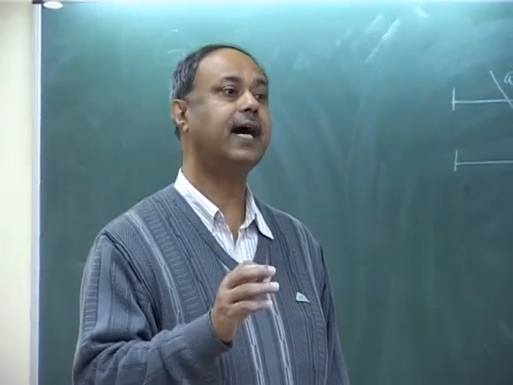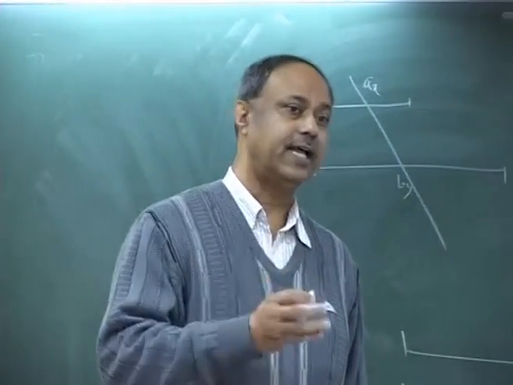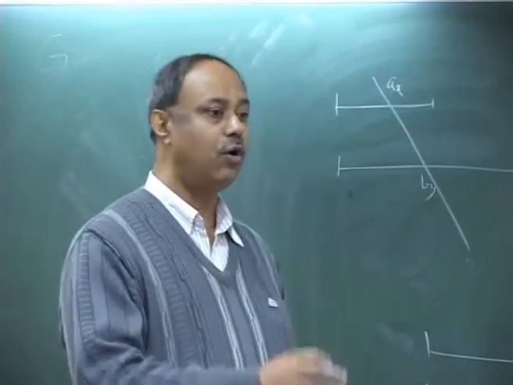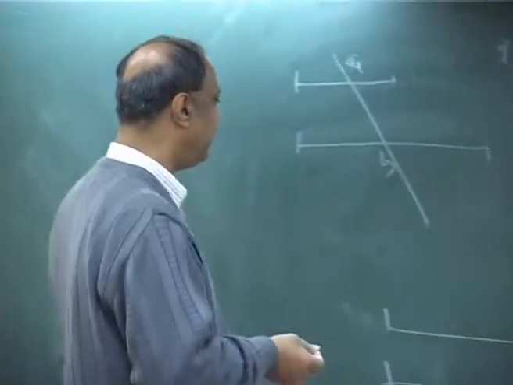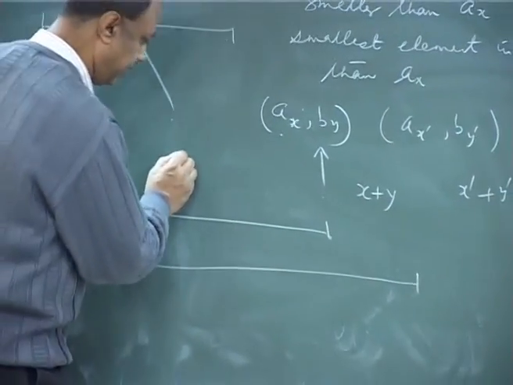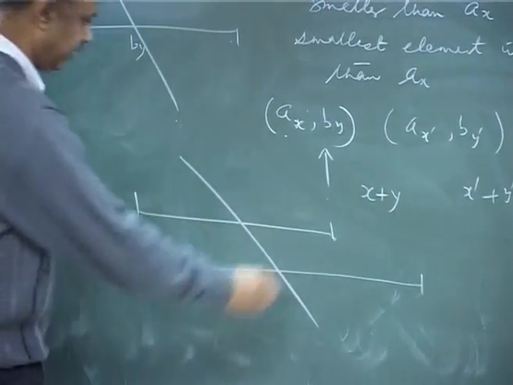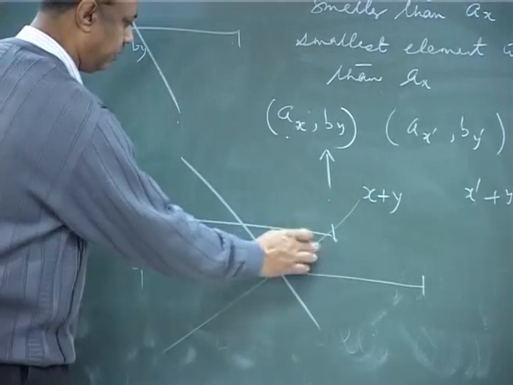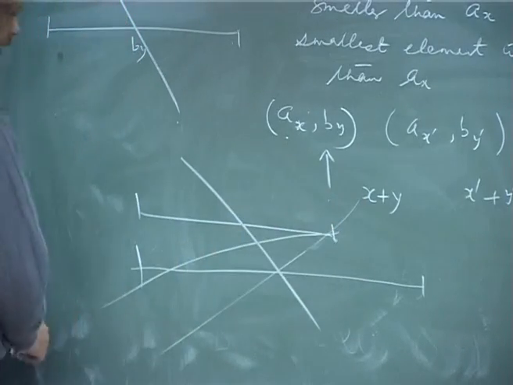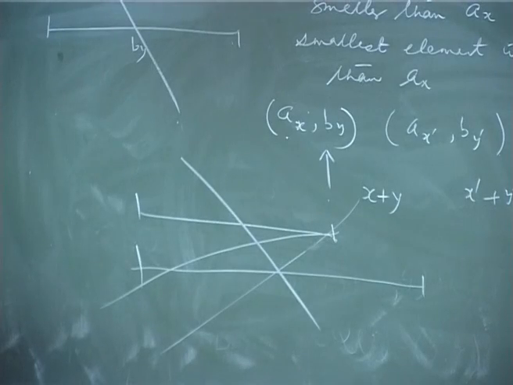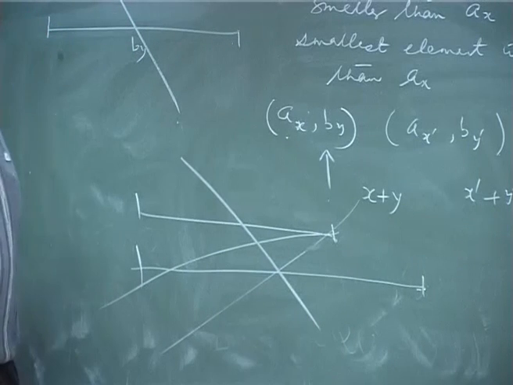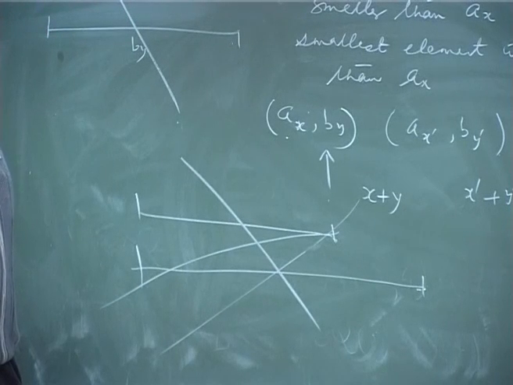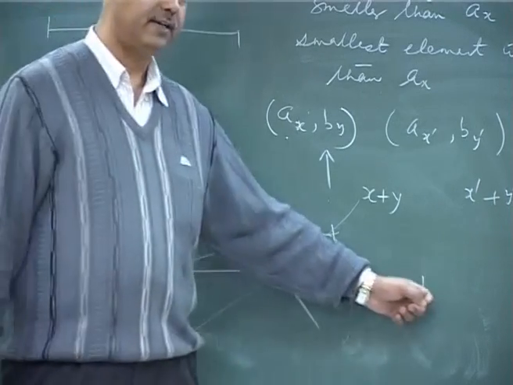The other one is either the largest element smaller than By or the smallest element larger than By. It can be this one, it can be this one, not this one. If this is here, then this will be here, and so on. But this cannot be median. Can it be median?